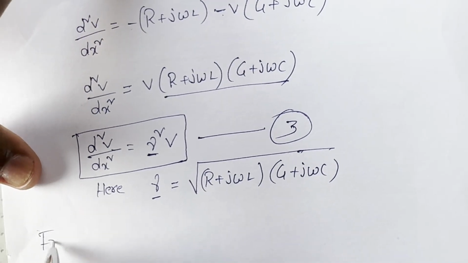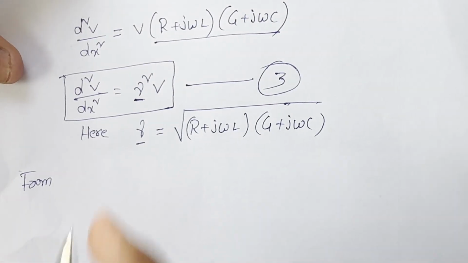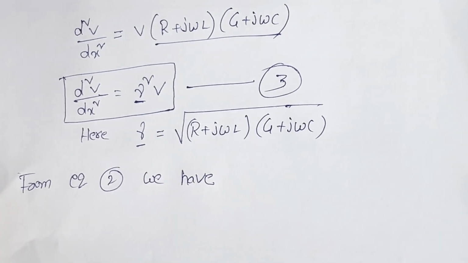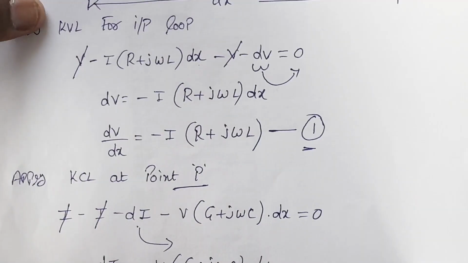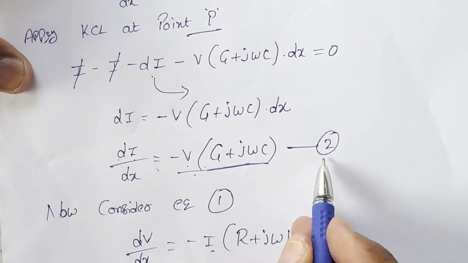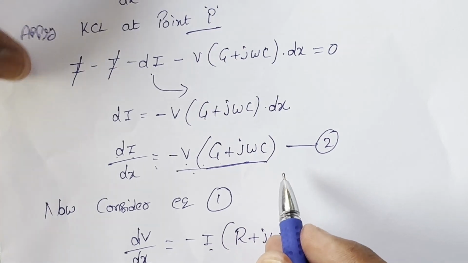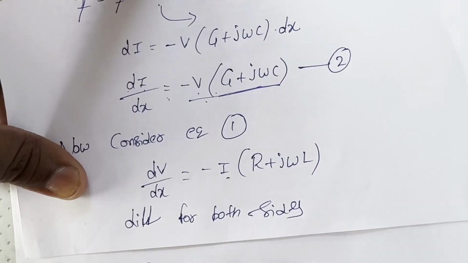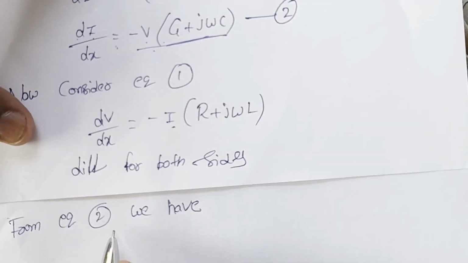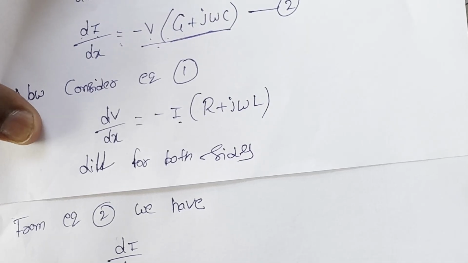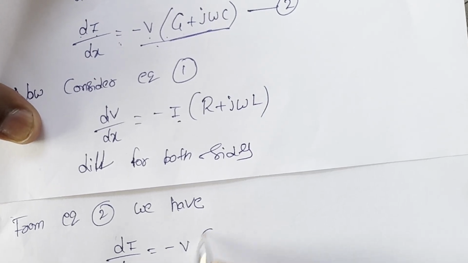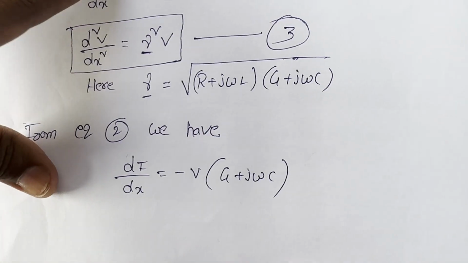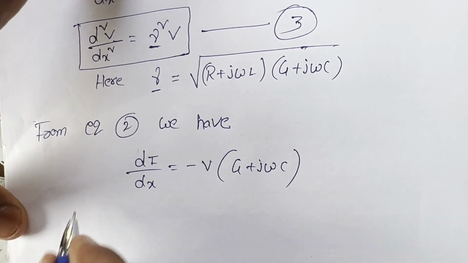From equation 2, dI by dx equal to minus V into G plus j omega C. That is equation 2.